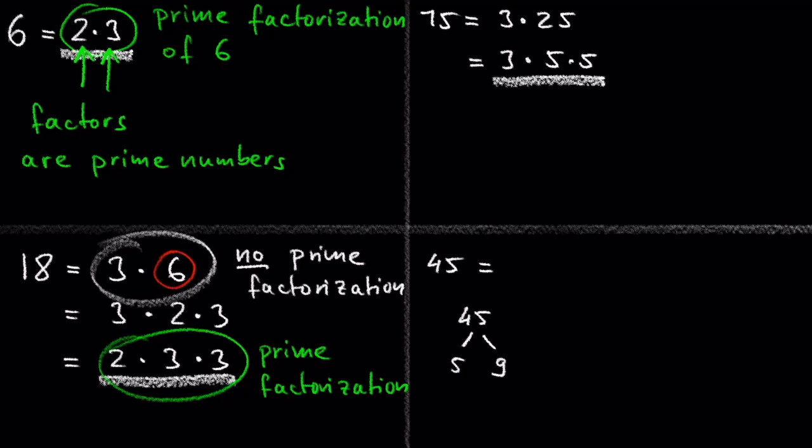So again, we draw 2 branches, and at the end of the branches, we write the 2 3s. Now we have prime numbers at the end of all the branches, which is what we wanted. So we continued to factor 45 until all the factors got to prime numbers. The product of these prime numbers is the prime factorization of 45.